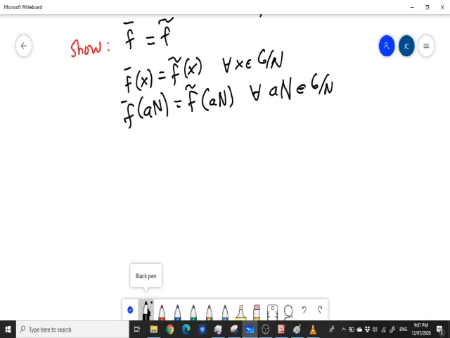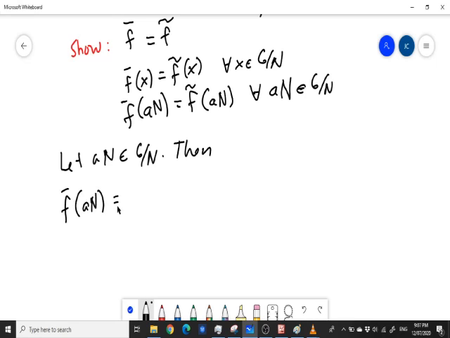So let's start with f bar of n. Let a n be in G mod n. Then f bar of a n is equal to... what is a n?